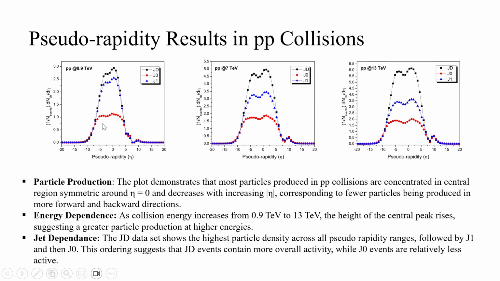So the lowest particle density is when your jet is off, and the highest when your jet is on. Also, by increasing the energies, the peak rises, meaning higher density of particles produced. By increasing the energy and setting your jet as on, you can easily achieve high density particles.